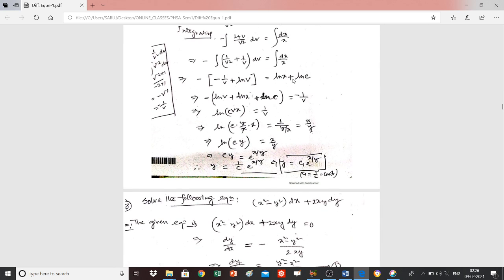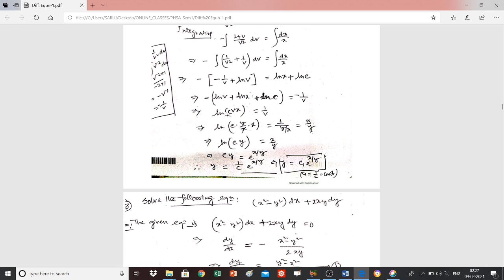So in some future problem, if I don't tell that c is an integrating constant, that will not matter, because you know that c is a constant. So from here you can write that this log v is here with a sign, and this log x is here, and this log c is here, and this 1 by v is here, okay, with a minus sign.